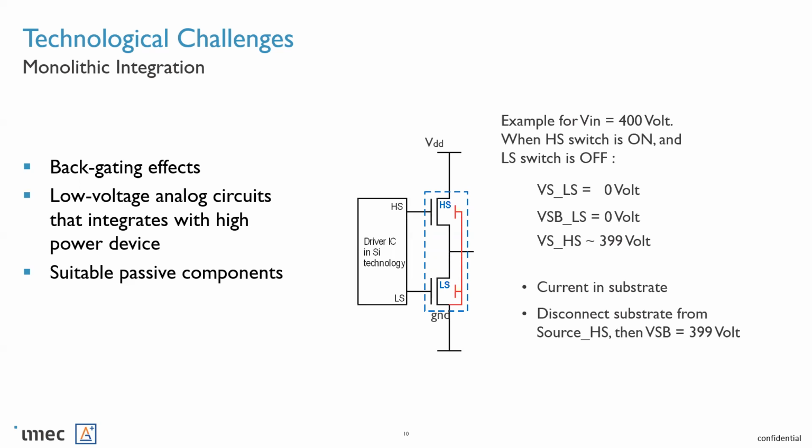If we disconnect the substrate and keep it floating, we still have a high voltage between the source and substrate, which can cause a backgating effect. At higher voltages we can see a backgating effect, but it is not pronounced at 50 volts and lower.